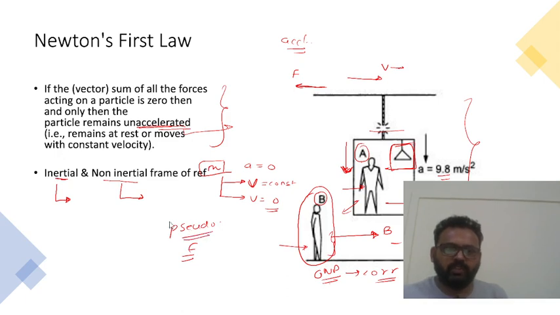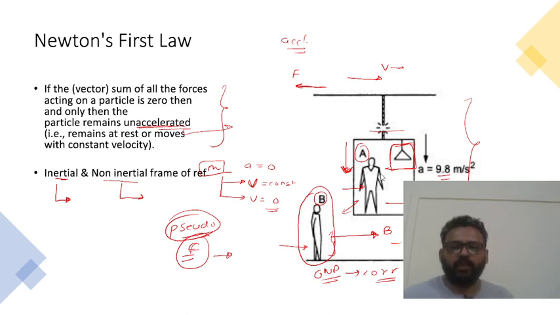As its name suggests, it's a pseudo, it's fake, it's false, but it's a force. To get a correct conclusion, you should apply a pseudo force on the object of reference. So to get both observations correct, the man who is in the non-inertial frame of reference should apply a pseudo force on the object of reference. Correct?